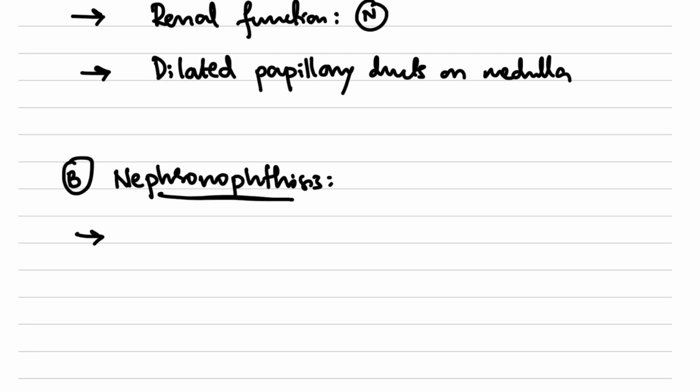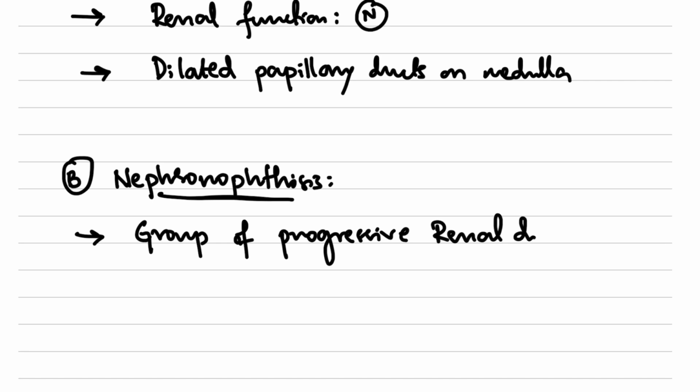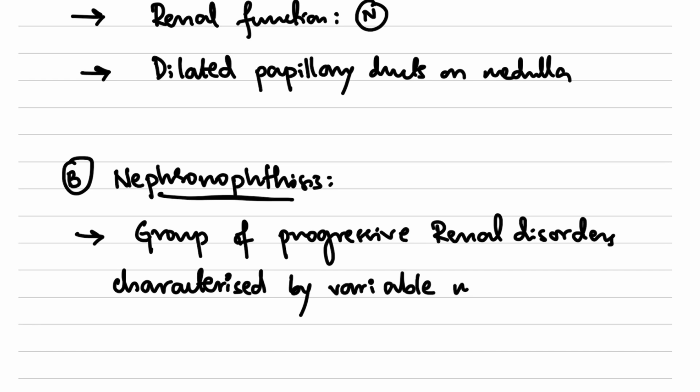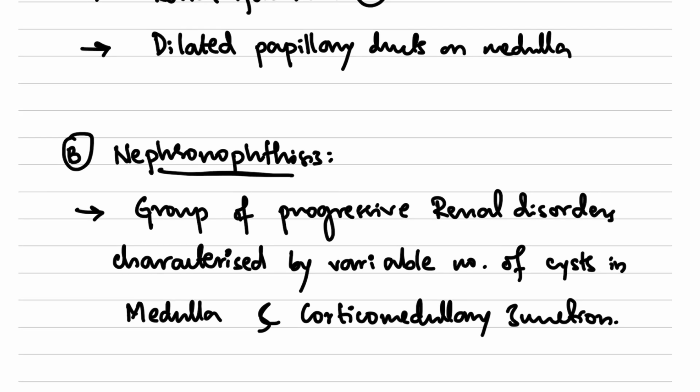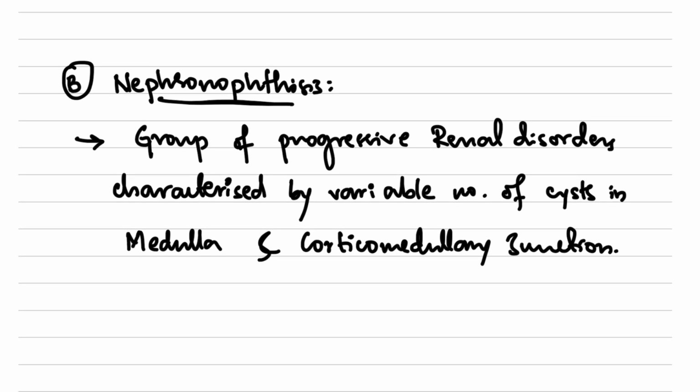It is a group of progressive renal disorders characterized by a variable number of cysts in the medulla as well as the corticomedullary junction.